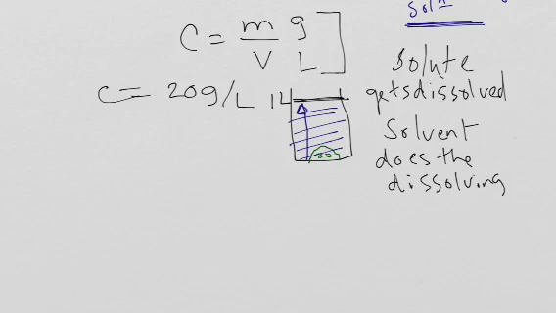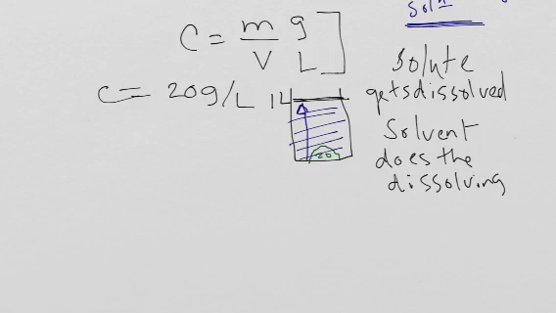So, if I say that I only want 50 milliliters, am I going to need 20 grams of stuff for 50 milliliters? No, I need 20 grams in 1 liter. But right now I'm trying to compare 50 milliliters and 1 liter. It's like comparing apples and oranges. It's not the same thing. So we have to convert from milliliters up to liters.